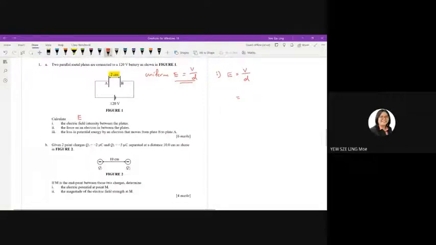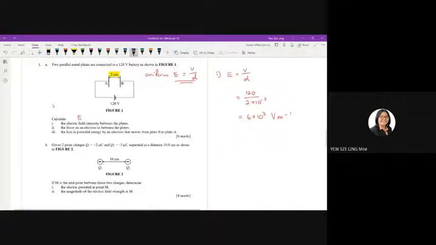So V given is 120 volts, and D, the distance between the two plates, is 2 times 10 to the power of negative 2. The final answer is 6 times 10 to the power of 3. Now, what is the unit? You are using V divided by distance, so it's V m to the negative 1.